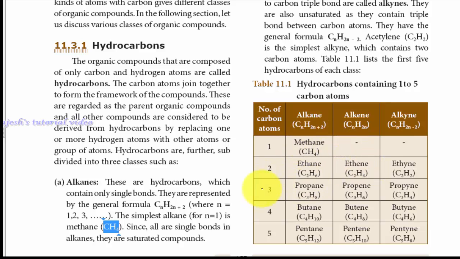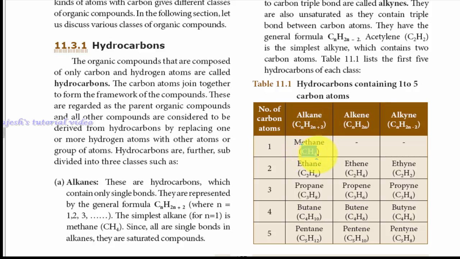You can derive its molecular formula, that is the number of hydrogen atoms it holds, by using the formula CnH2n+2. That is the general formula for alkanes. So 1 carbon, so 2 into 1 plus 2, so it becomes C, 2 plus 2, 4, so CH4.